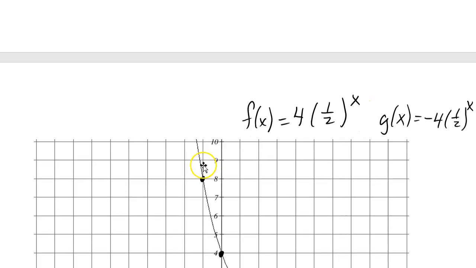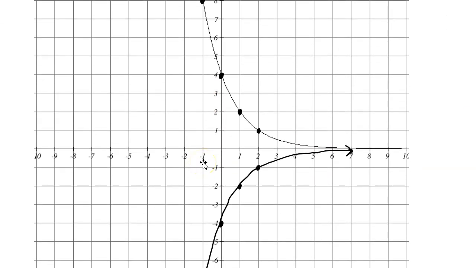Our horizontal asymptote is still going to be right here, along the x-axis. We'll write it as HA. This horizontal asymptote is the line y equals 0.